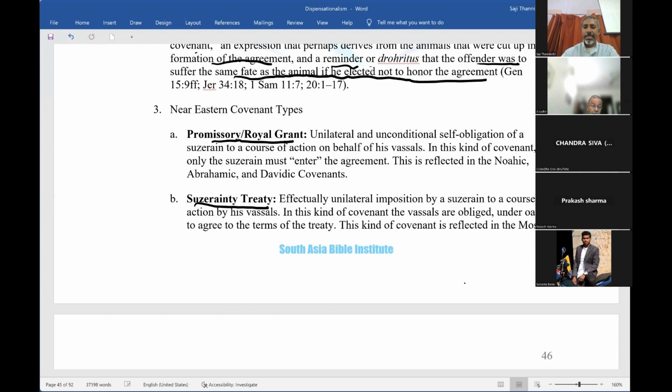All right, what is a promissory royal grant? This is unilateral. What is the meaning of unilateral? You know bilateral, right? If you listen to the news, oftentimes when our prime minister goes to another country, they will say there were bilateral talks, bilateral agreements.